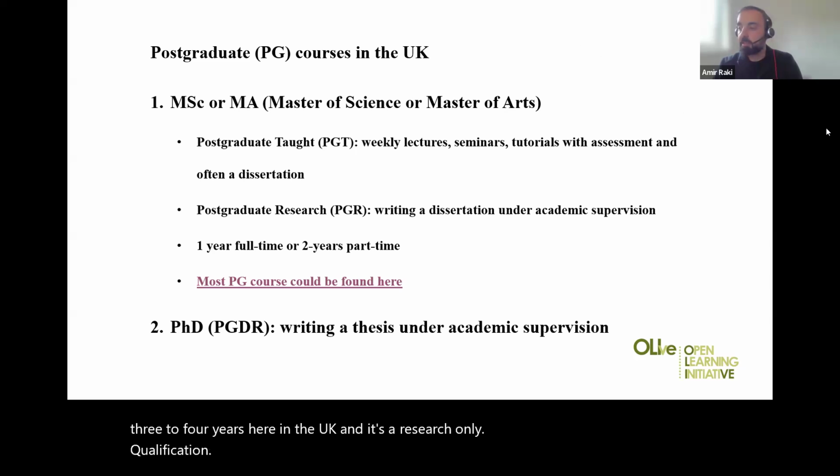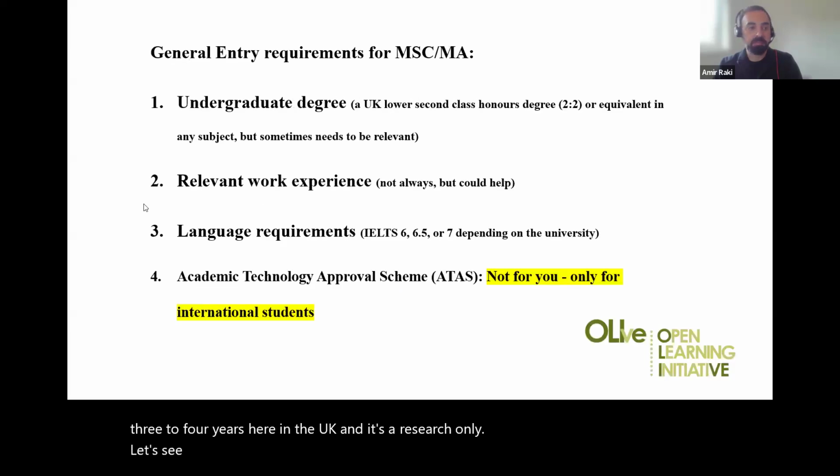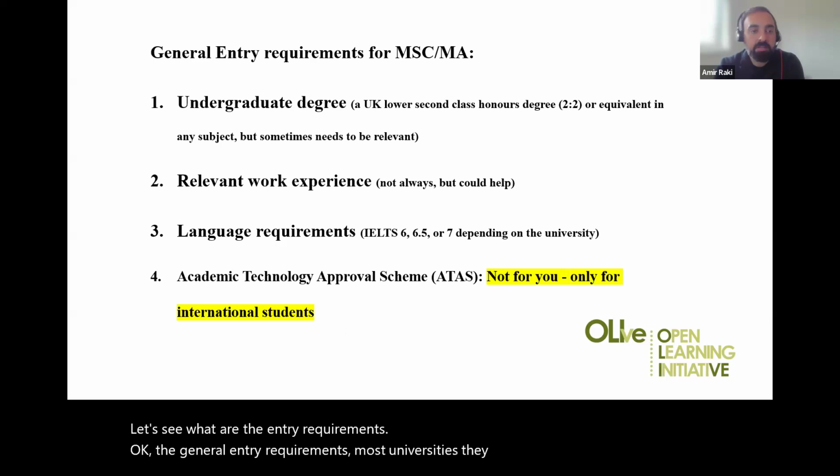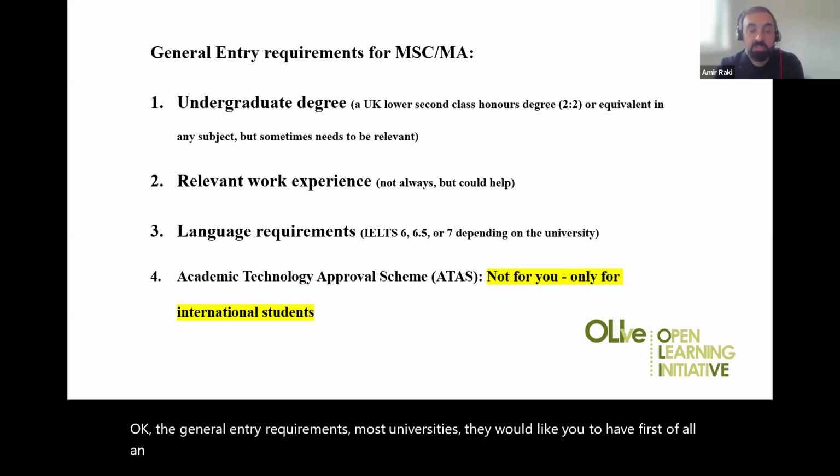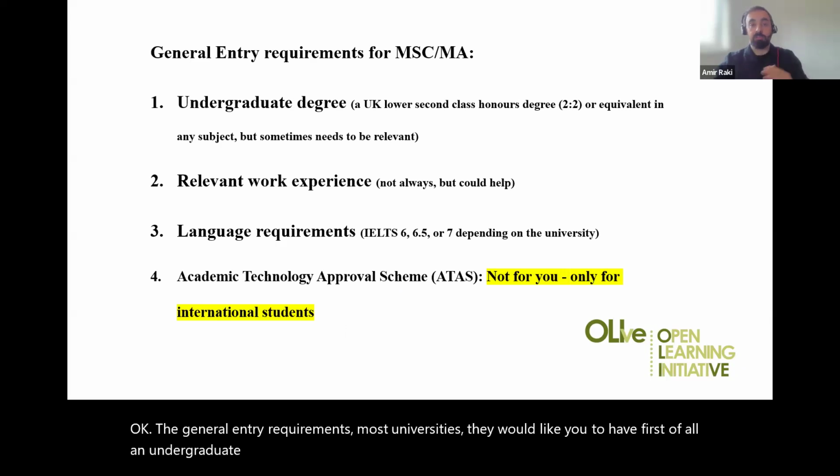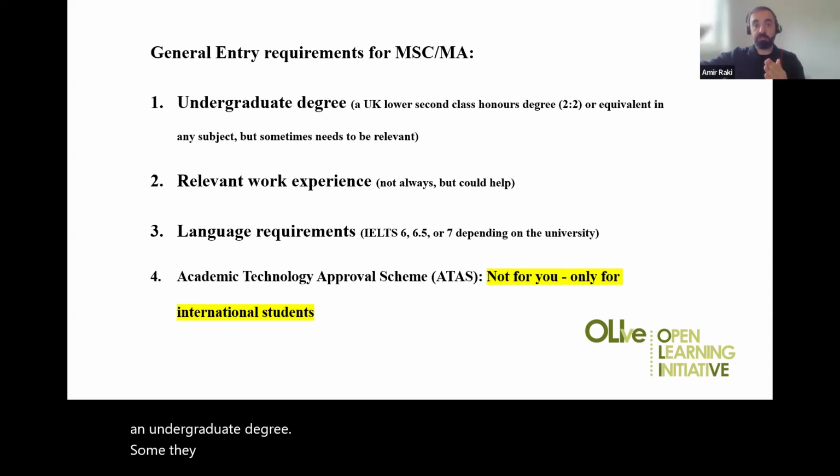Let's see what the entry requirements are. The general entry requirements: most universities would like you to have, first of all, an undergraduate degree. Some want a higher undergraduate degree than others.